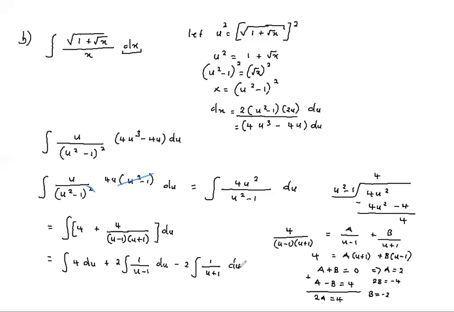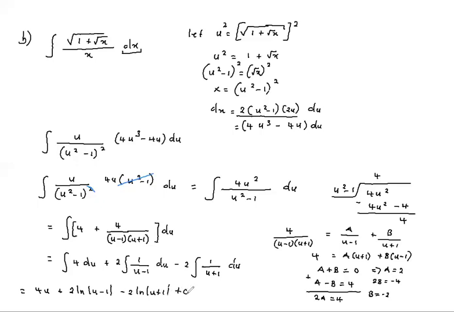I hope you're able to follow here. Then the integral of 4 will be 4u plus 2 ln u minus 1 minus 2 ln u plus 1 plus c.